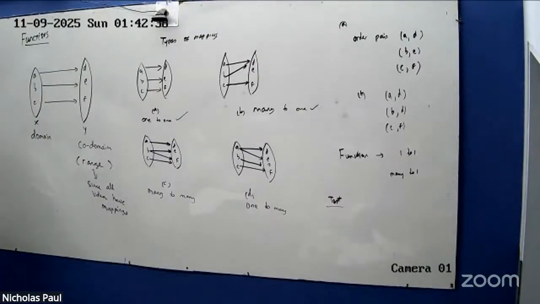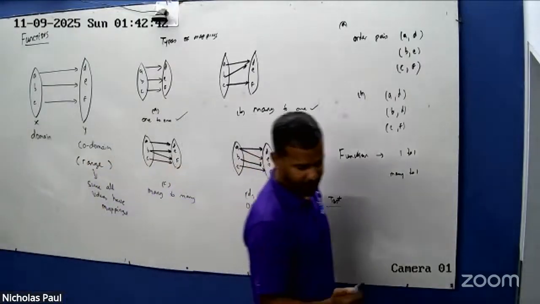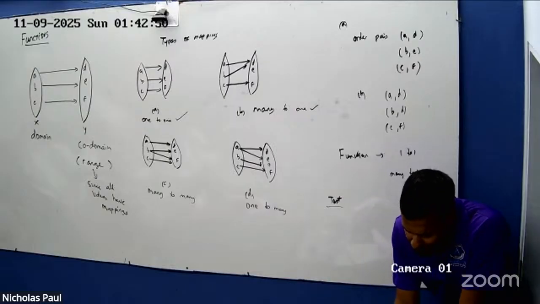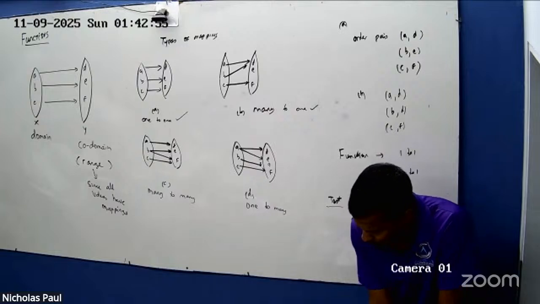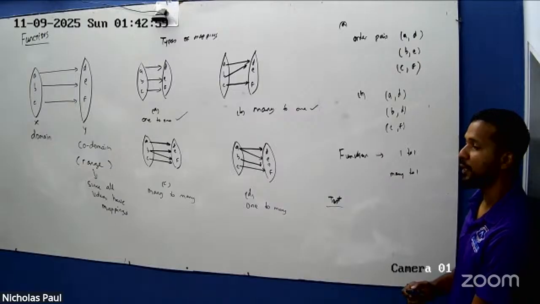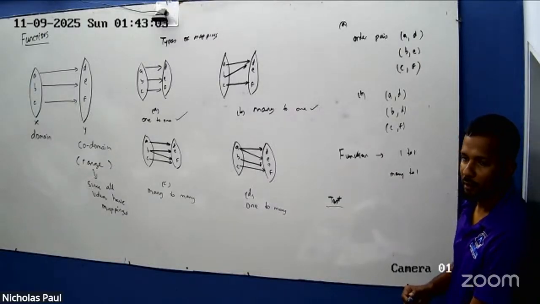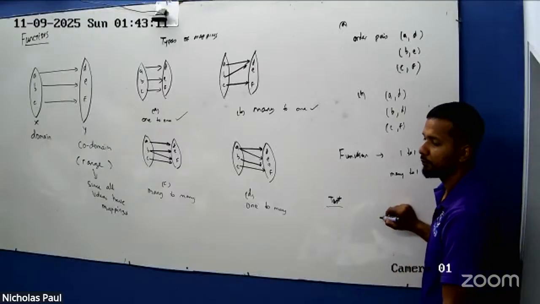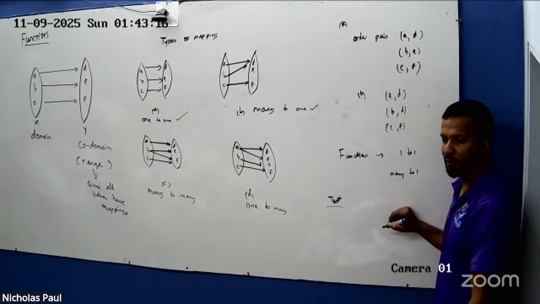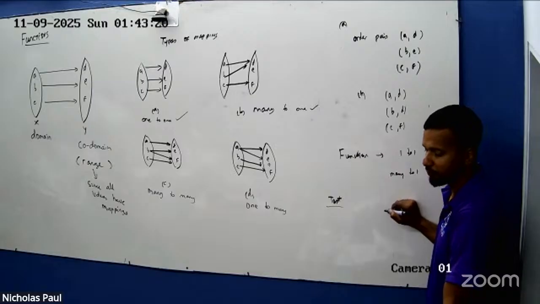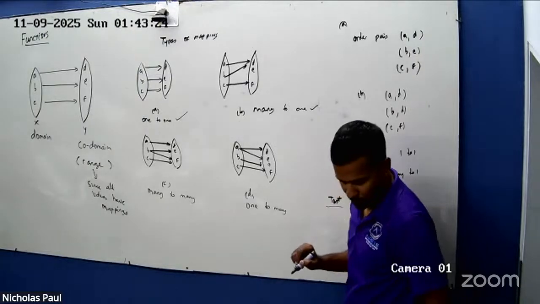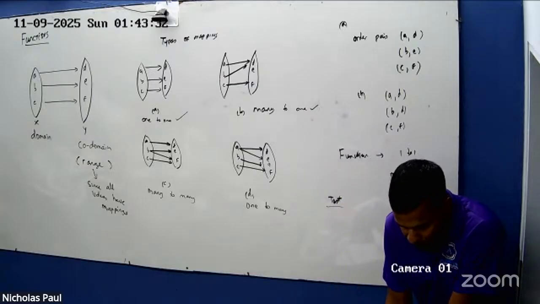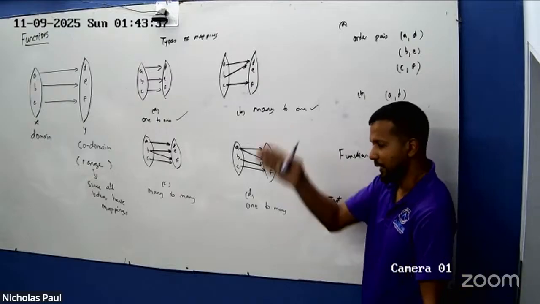Underneath this, write: the vertical line test can be used to determine if a relation is a function or not. I'll show you an example now.